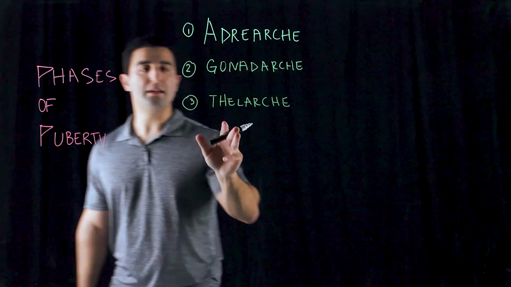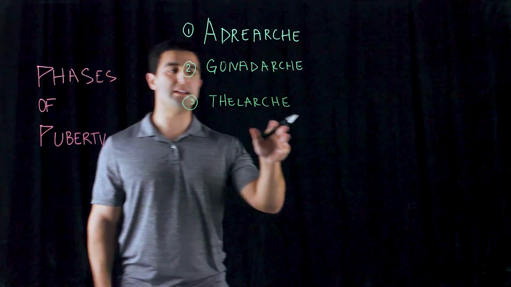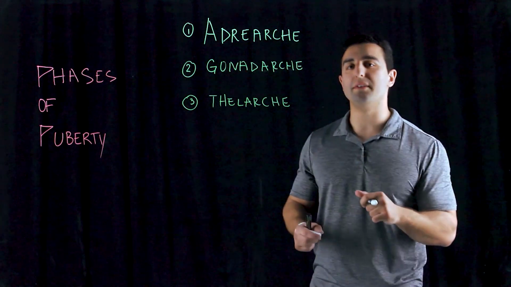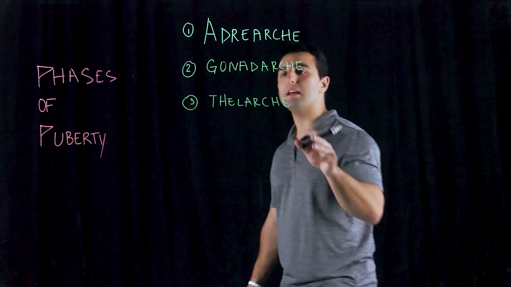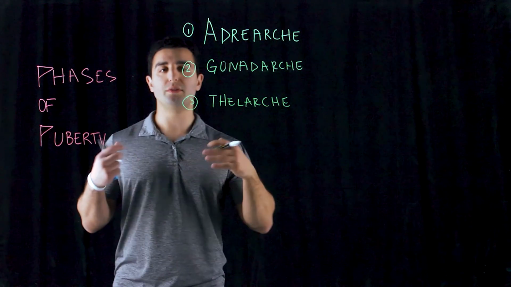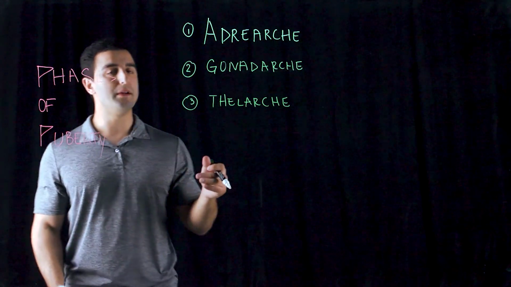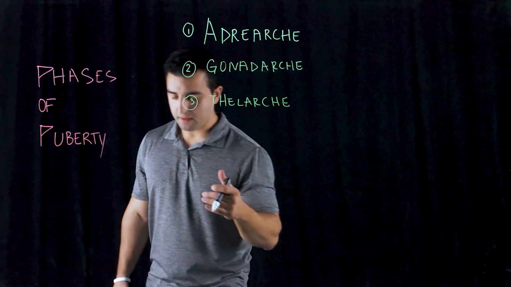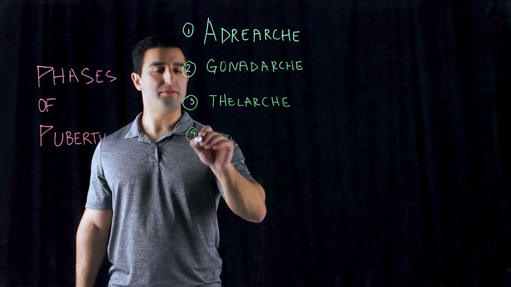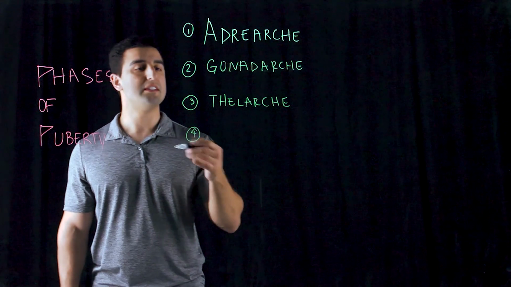Now in number 3, you have your secondary sex characteristics. So in females, the majority of breast development happens in the thelarche, right? So the thelarche phase is responsible mainly for the actual female breast development, okay? And then finally, after all this development, these secondary sex characteristics become visible.